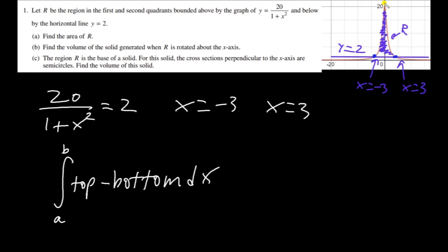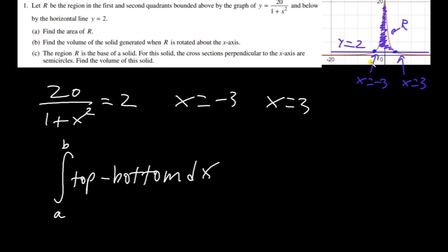And then a and b are the x-coordinates of the left intersection and the right intersection, respectively. So in our case, a is negative 3, b is positive 3. The top curve is 20 over 1 plus x squared, and the bottom curve is y equals 2.